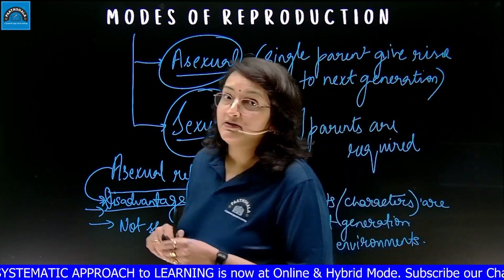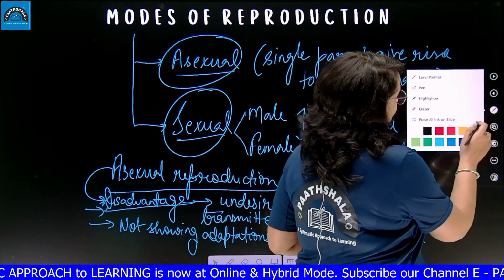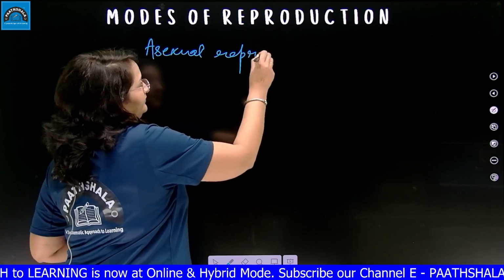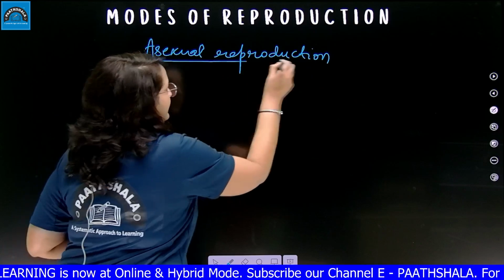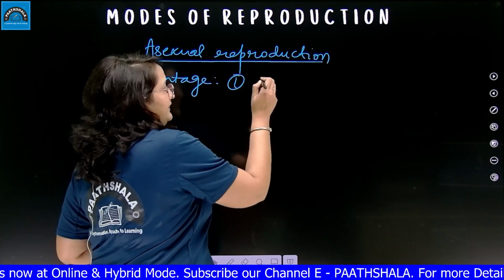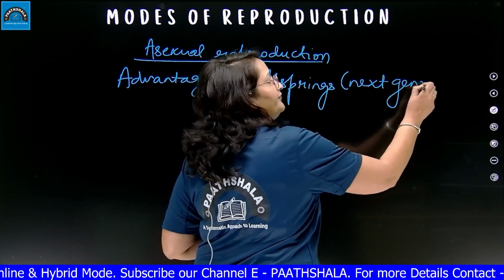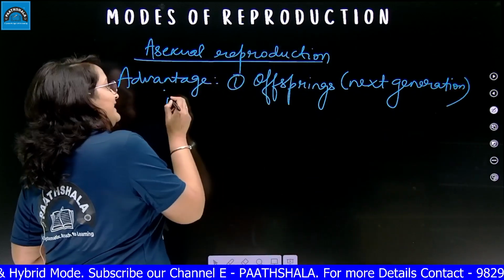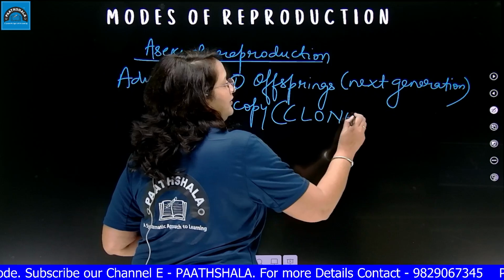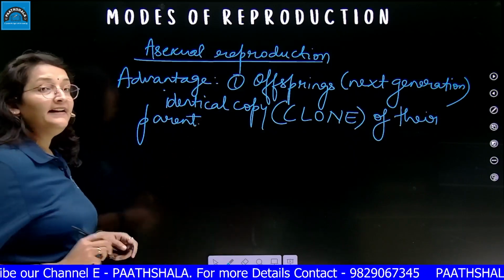But there are advantages also of asexual reproduction. If we talk about the advantages, the first advantage is that the offspring, or the next generation, is an identical copy, or we call it a clone, of their parent.